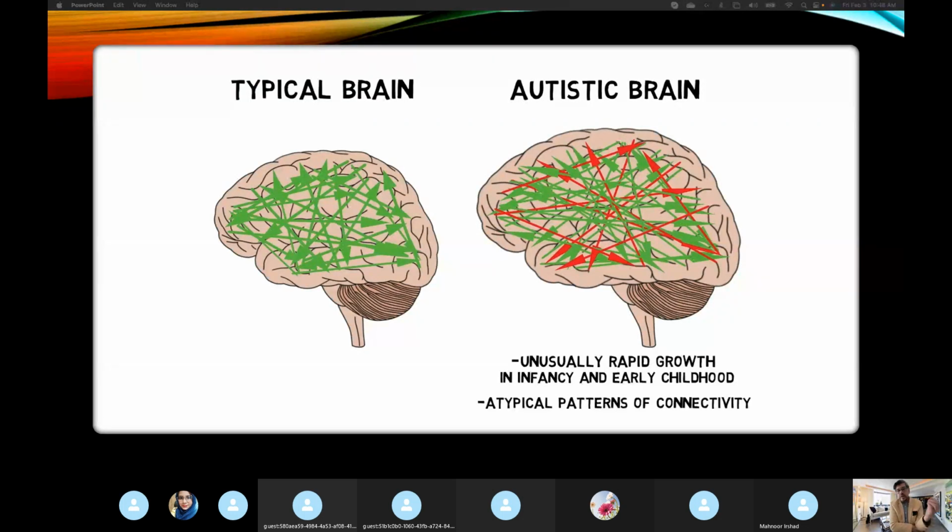So there is an unusual rapid growth in infancy and early childhood, and atypical patterns of connectivity in the autistic brain. If you can see the pictures, different pictures. They say that the pruning and neurogenesis process is abnormal, and there are possibilities that this is causing autism.